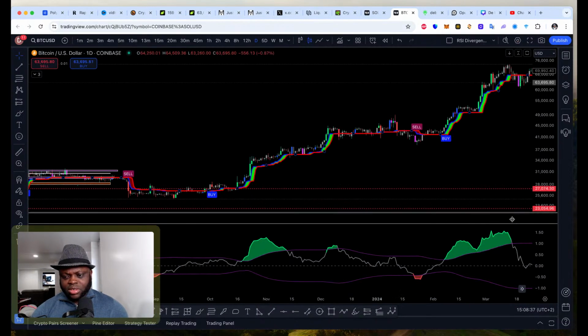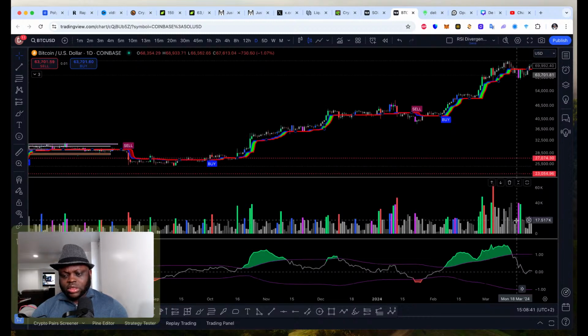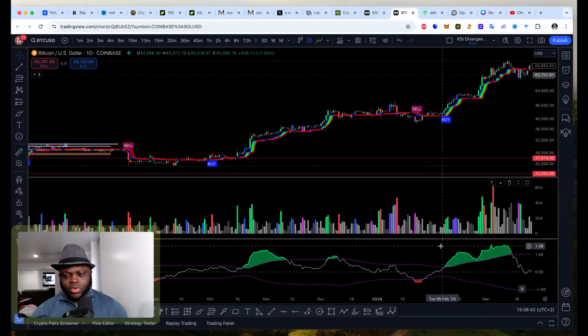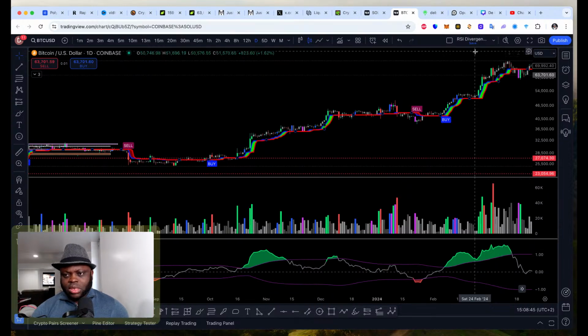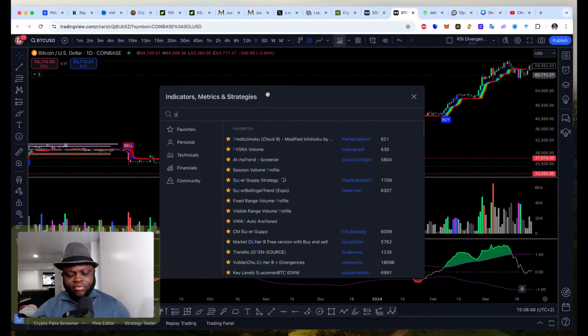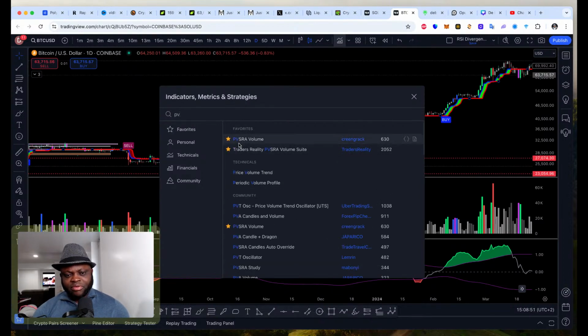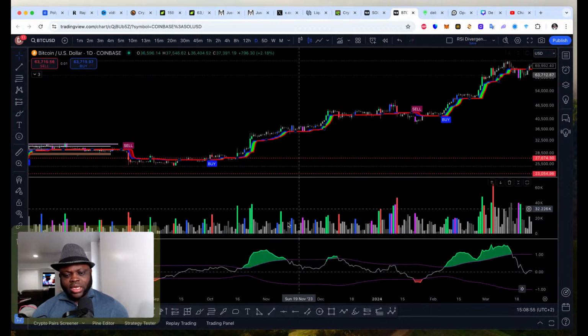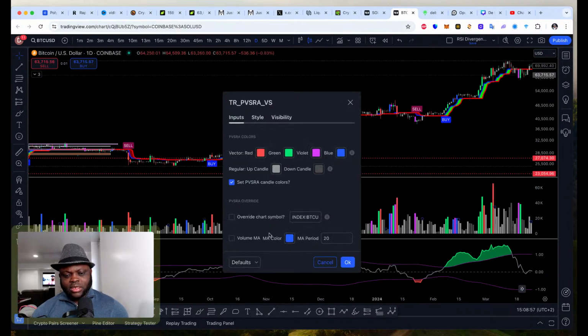Let me just go to indicators. This is called PVSR volume, you can get that. Then you click on it and set the PVS arrow candle colors, so you have the same settings.